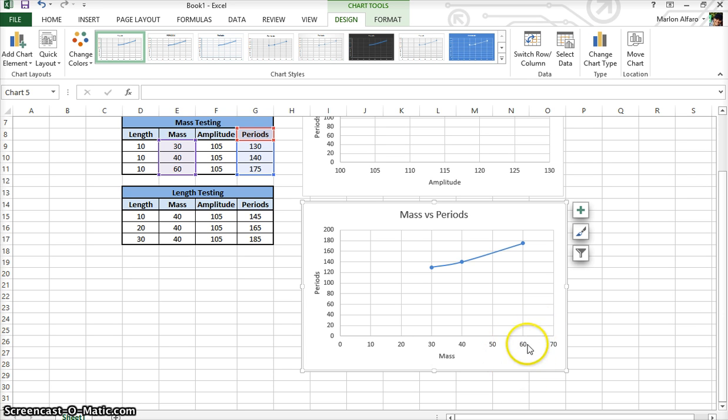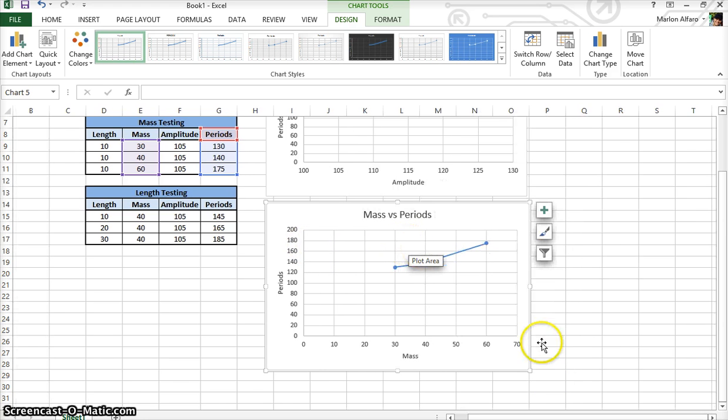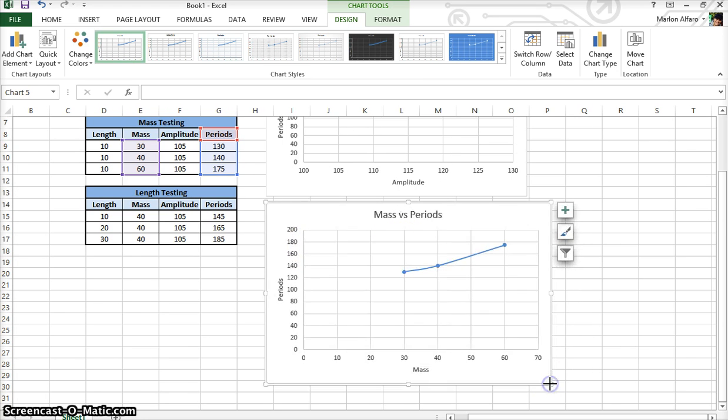And same thing right here, it says when the mass is 60, my period is about 180, close to 180, and the table says 60. Oh, it's actually 175. That's why I wasn't touching 180.